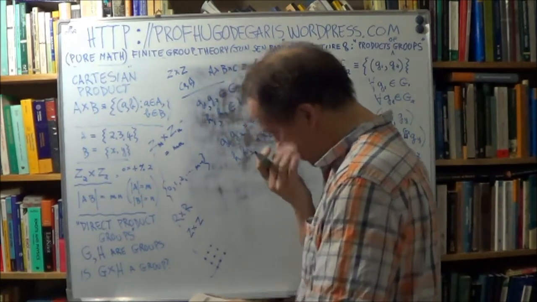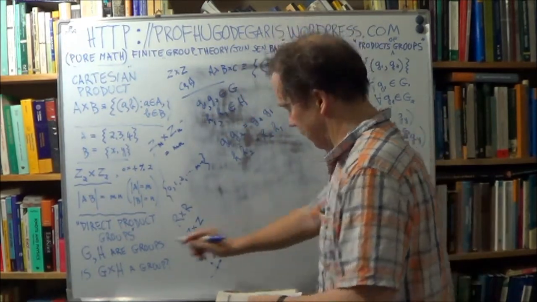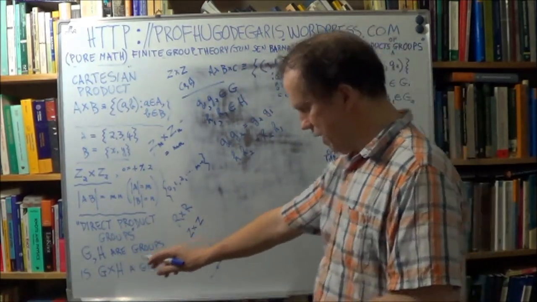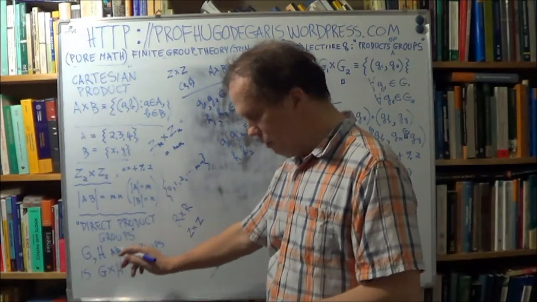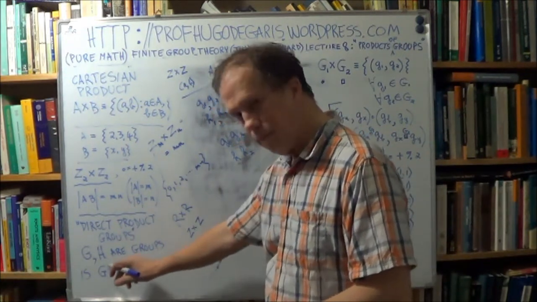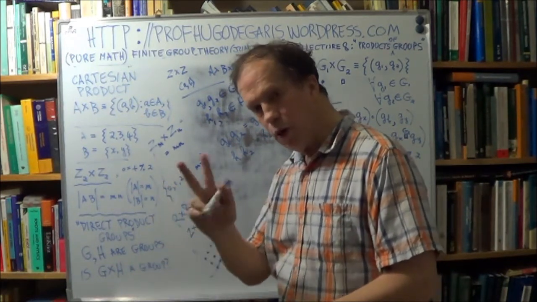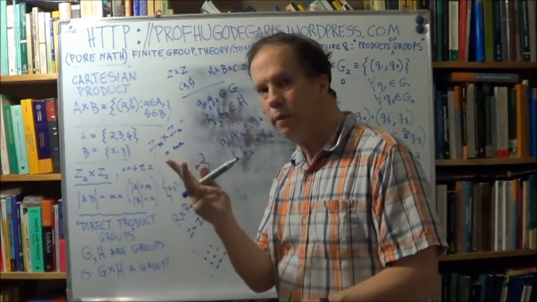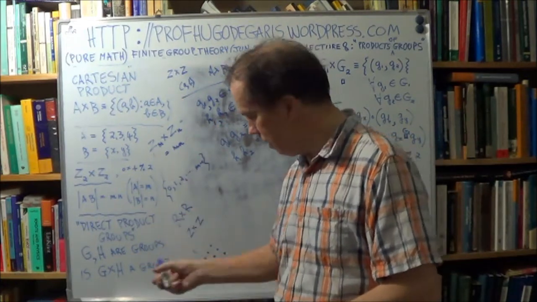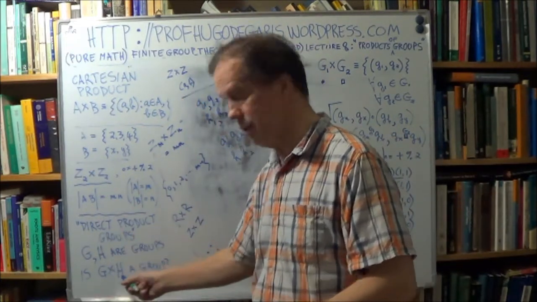All right, now let's take any two elements of this, binary operate on them, and see if they also commute for any pair. If that's true, then this direct product group is also abelian.